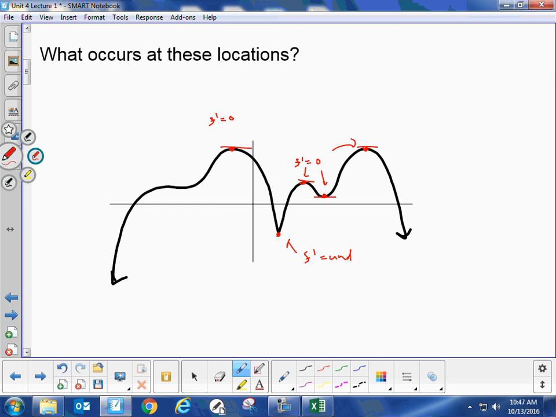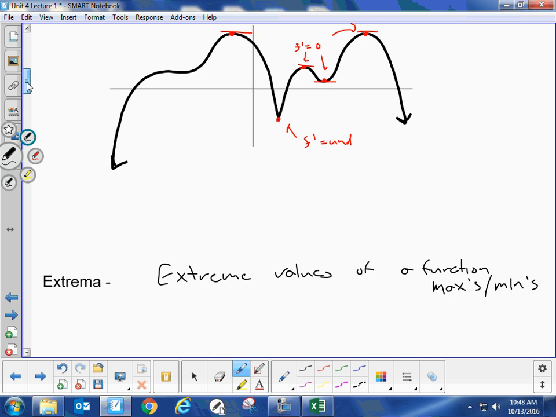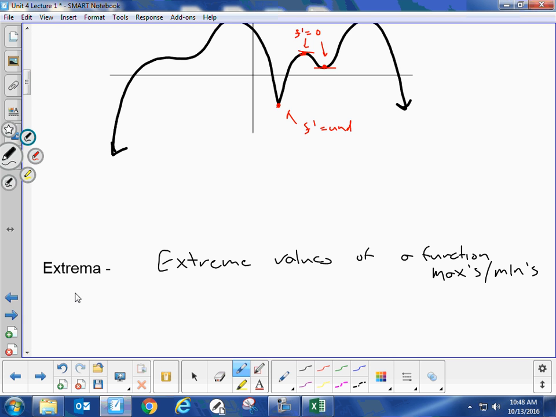Well, we have what we call extrema. Extrema are extreme values of a function. What are extreme values of a function? We'll call them local maxes or mins, maxes or mins, really. There are two types of extrema.